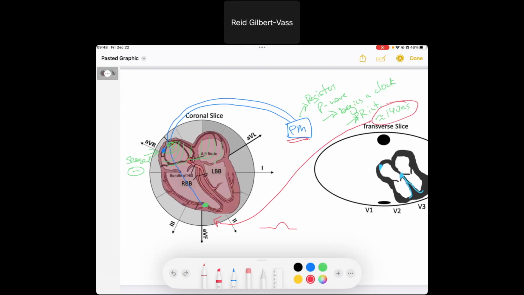And so in this individual, 140 milliseconds goes by. This pacemaker lead says, okay, I need to contract the ventricles. Since the atria contracted just a little bit ago, it fires. And if it captures the ventricles, it is going to depolarize inferior to superior.